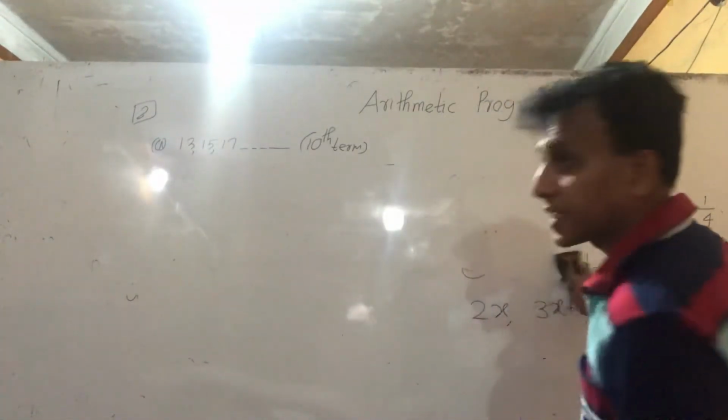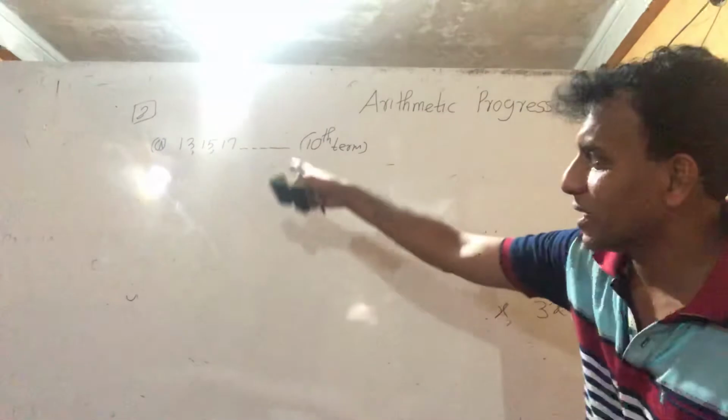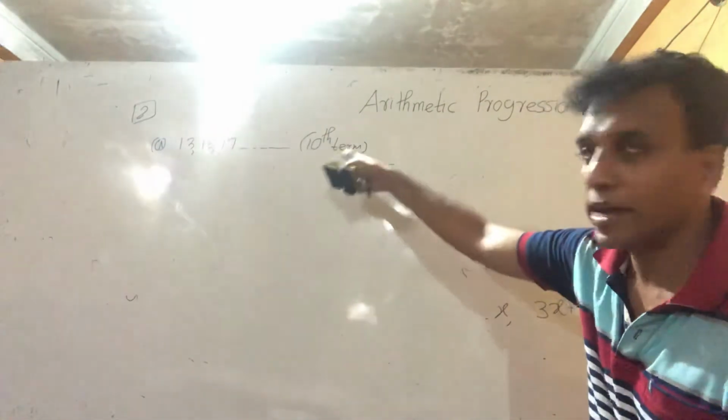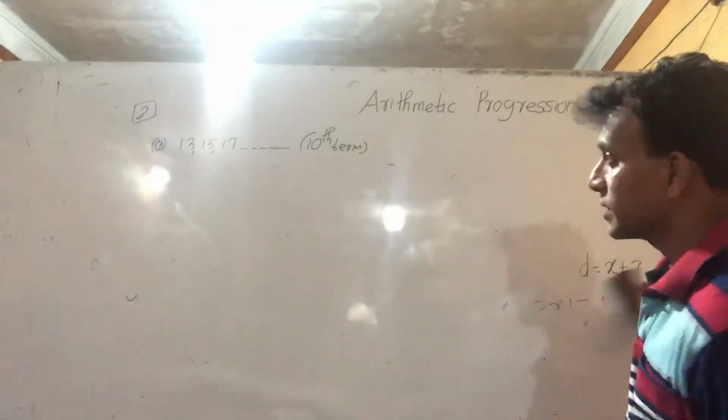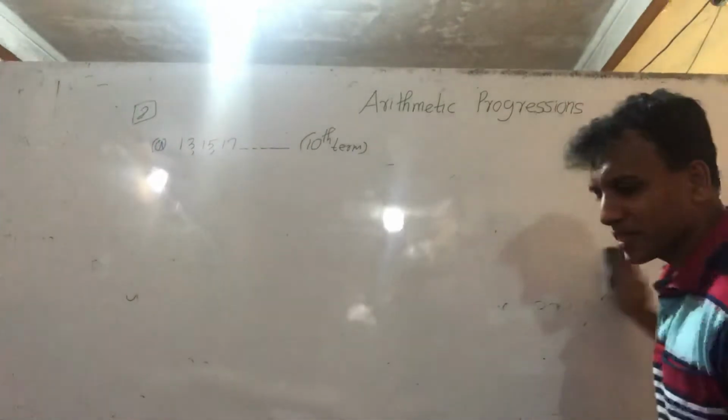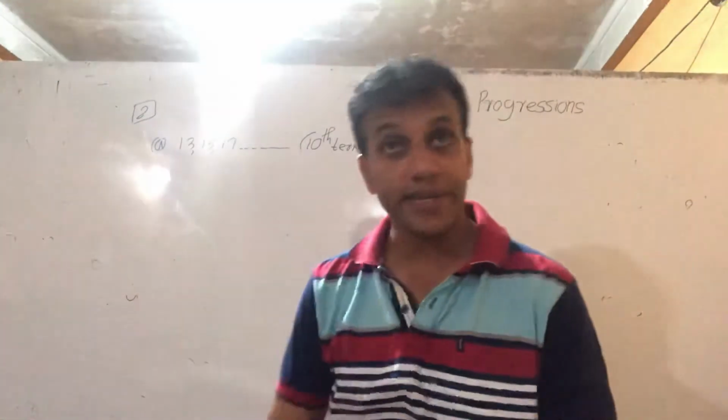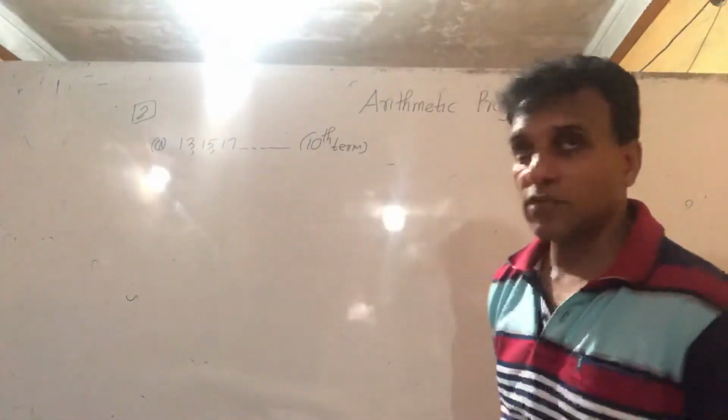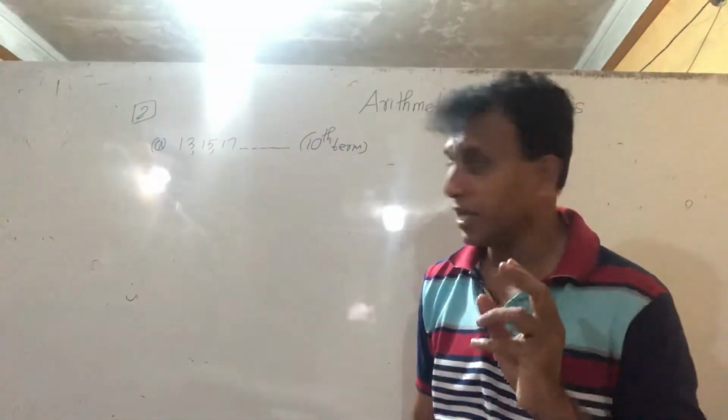You can't act like a primary class student. That means increase 13 by 2 more, 2 more, 2 more, and you can get the 10th term. But no marks for that. That is not the grade 10 type syllabus. Okay, see the first question that I explained properly.